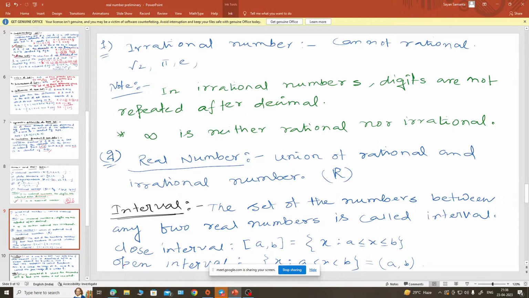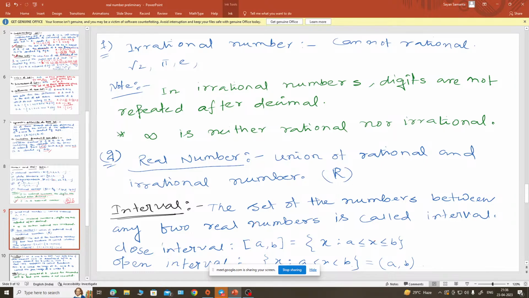An open interval is symbolized with round brackets, (a, b), where a less than x less than b. Closed includes a, open does not include a.